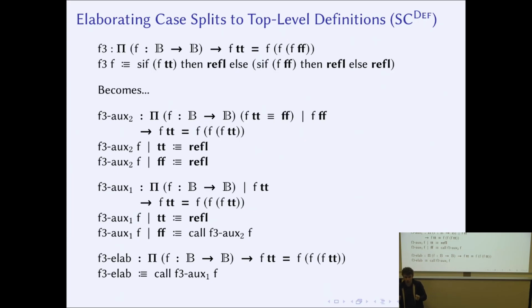Also subject to an occurs check: you can't have the variable occur in both sides. So that deals with some equations, but it doesn't deal with ones like f of true equals true. Neither side of this is a single variable, so we can't resolve this with substitution. We need an actual rewrite here to make it work.